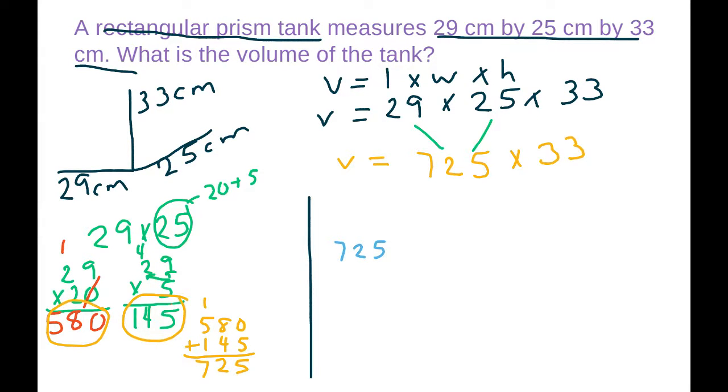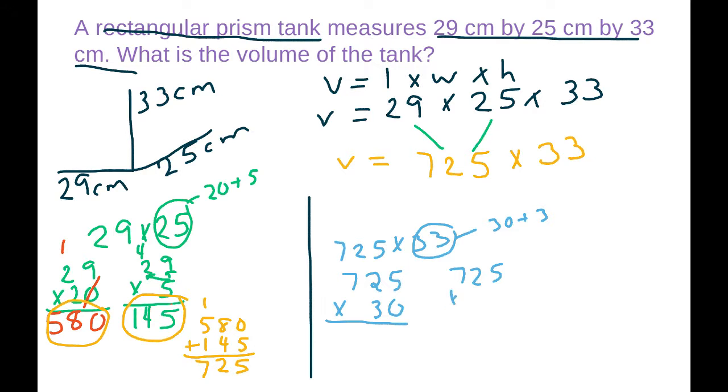So just to remind you, when we do 725 times 33, we want to break it apart into 30 and 3. So we're going to multiply 725 times 30, and then 725 times 3.